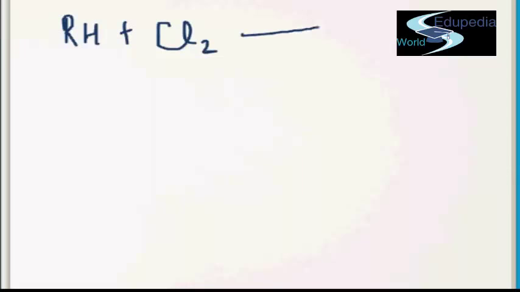The reaction which will occur will be like this. RH plus Cl2, this is alkane, in the presence of sunlight will form RCl plus HCl. This is chloroalkane.